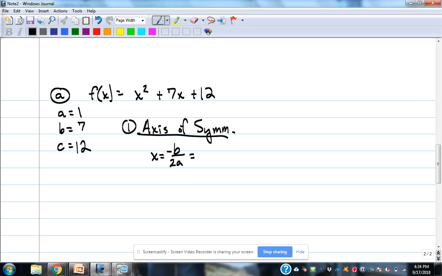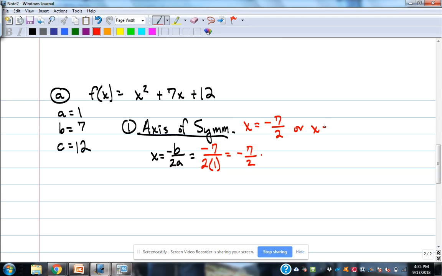We have a positive 7 as b, so we're going to have a negative 7 over 2 times a, when a is positive 1. And we're going to work that out. So that's negative 7 over 2.